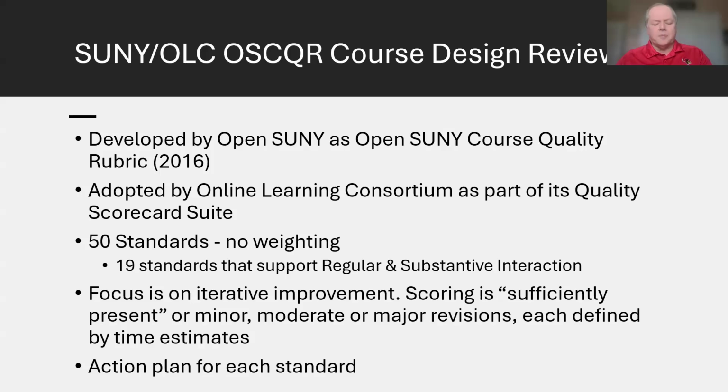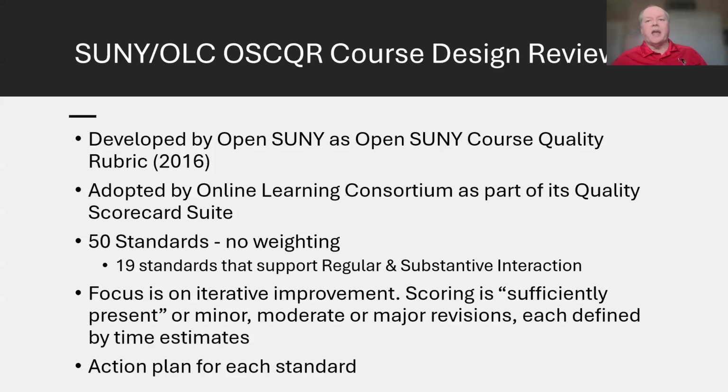The OSCQR was developed by State University of New York as the Open SUNY Course Quality Rubric. That's where OSCQR comes from. It was adopted by the Online Learning Consortium as part of its initial quality scorecard suite. The OSCQR has 50 standards.